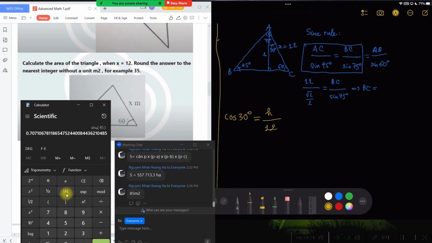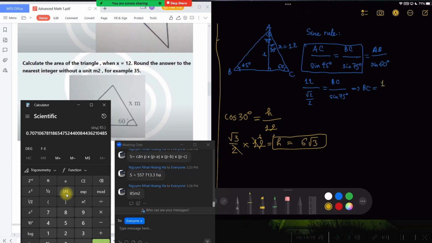And cos 30 is actually square root of 3 divided by 2. And then times 12 is going to be h. It's going to be 6 square root of 3. We found h. But we still need to find BC anyway. Mình vẫn phải tìm BC thôi.